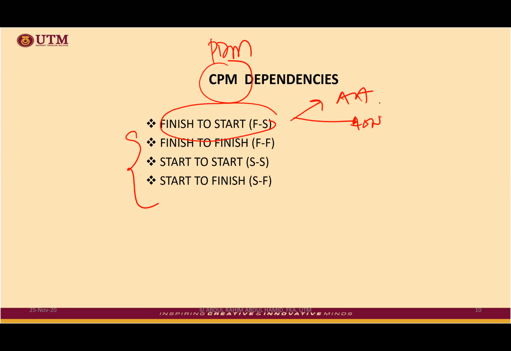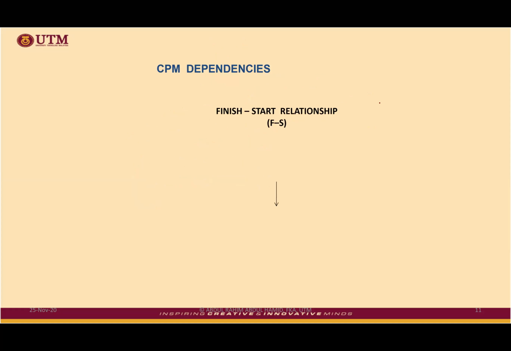Okay, now let's take a look at the other relationships. We already mentioned this, but I just want to review. Finish to start relationship. Okay, when you draw something like this, you can look at it either as a bar chart or an AON diagram.